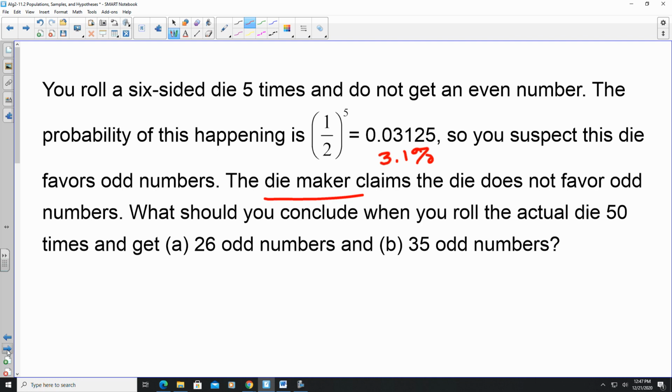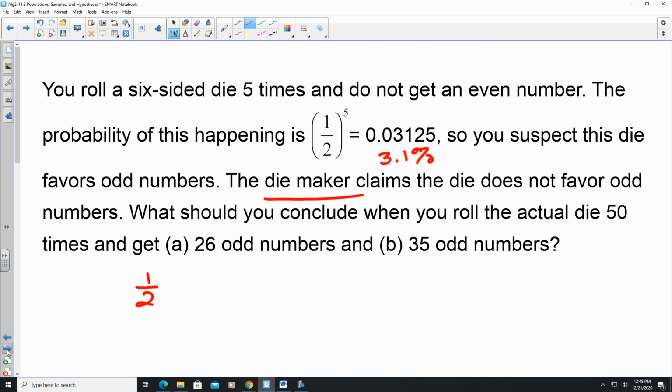What should you conclude when you roll the actual die 50 times and get 26 odd numbers and 35 odd numbers? So it's 2 different experiments. Now, because the die maker's claim says that there is no favoritism, that means the theoretical probability of you landing on an odd number is 1/2.